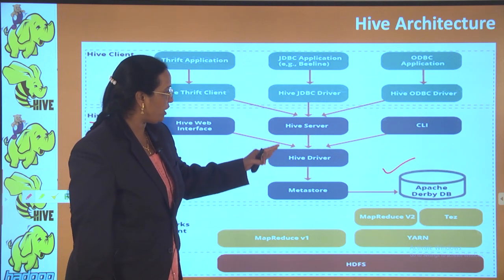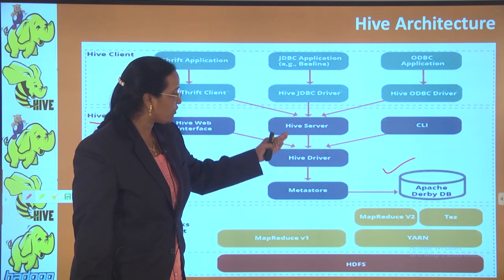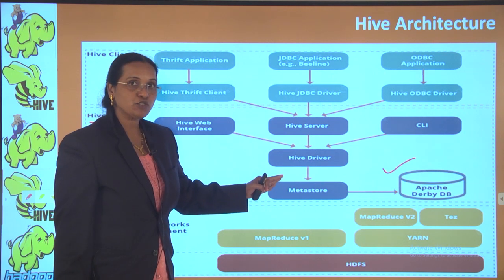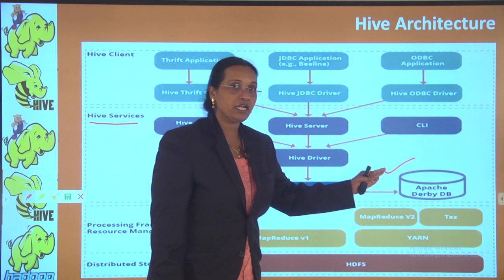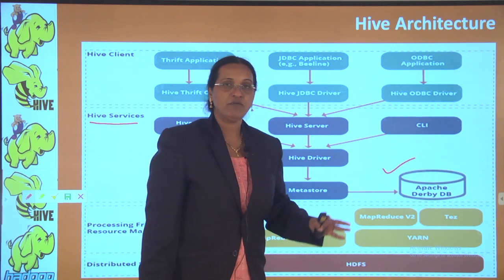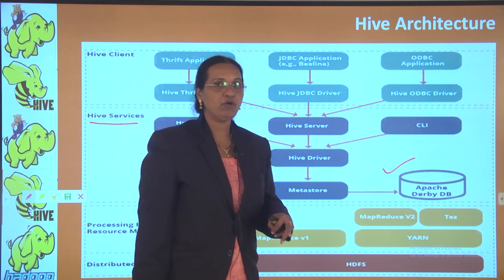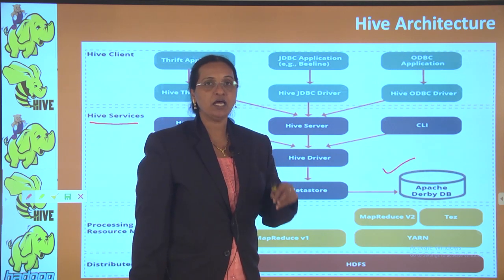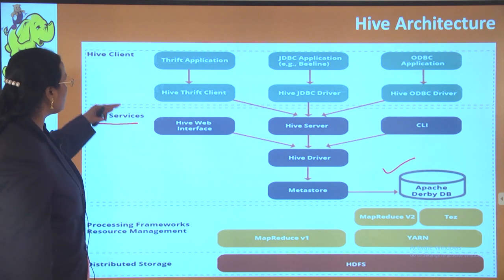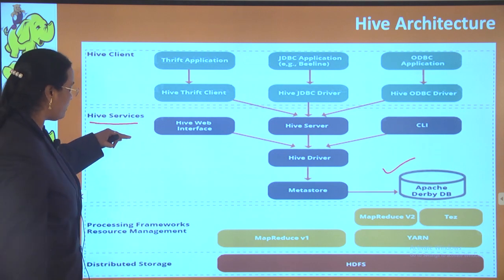But whatever it could be, it is going to connect to the Hive servers and to the Metastore, and the Metastore keeps all the meta information in the default database that is called as the Apache Derby database, which is basically available in the Hive when you install the Hive in the Cloudera. Right. So these are the 2 important phases, that is called as the Hive client and Hive services.